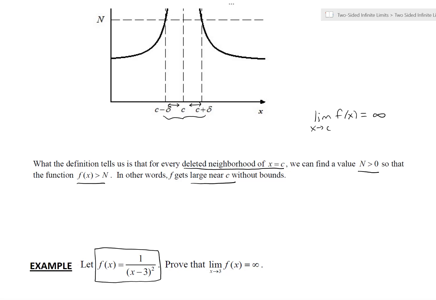And we're going to prove that the limit as x goes to 3 of the function is infinity. The graph is going to look very similar to the graph we saw right above because the function is a rational function, and even more specifically, it is just a horizontal shift of the reciprocal square function.